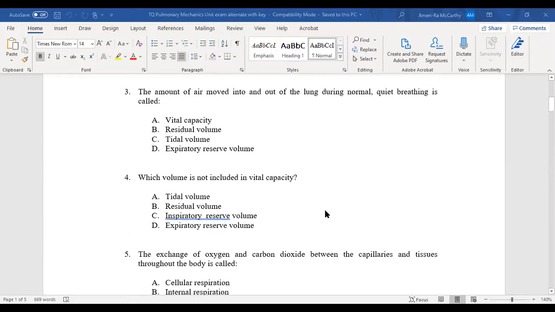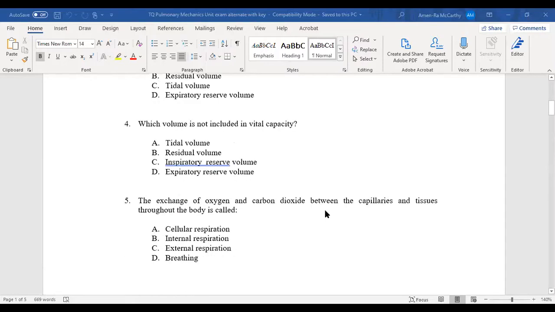Okay? Number 4. Which volume is not included in the vital capacity? Which one of these volumes is not included in the vital capacity? Good, Scott. Good, Kayla. Good, Miss Thomas. Look at it again, Miss Rose.